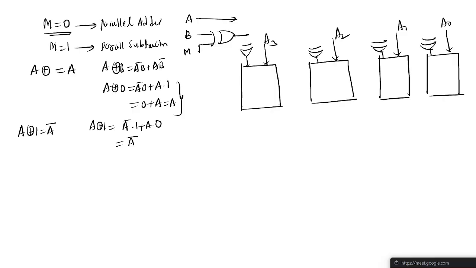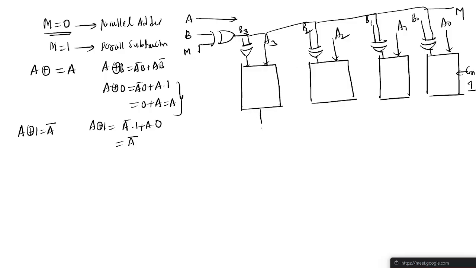This we already discussed for the offline candidates. So one input is B0, B1, B2 and B3, and one more pin is coming as the input from the control pin, that is M pin. And Cin also you are giving as 1, means it will calculate the 2's complement. So we can subtract by using the 2's complement method, no? So sum S0, S1, S2 and S3.